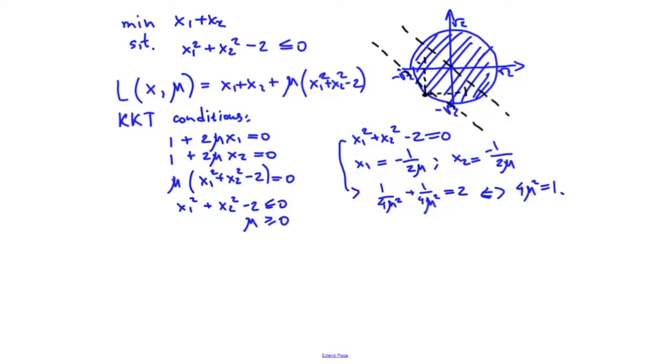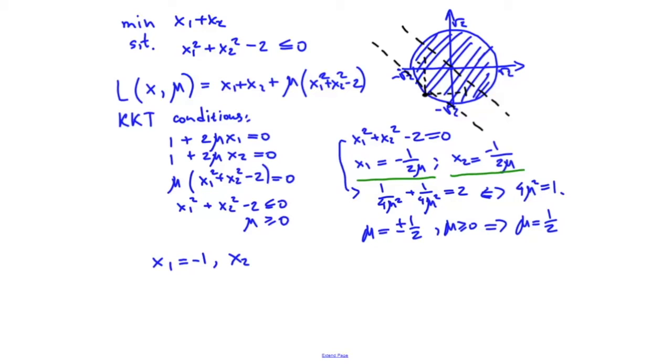So from here we get mu is plus minus 1/2, but because mu must be greater than or equal to 0, we have mu is equal to 1/2. Now we can plug in this value of mu here to compute x1 and x2. We'll have x1 is equal to -1, and x2 is also equal to -1. All right, so the only stationary point that we get is (-1, -1), and the value of mu is 1/2. Okay, so now we can apply the second order conditions.